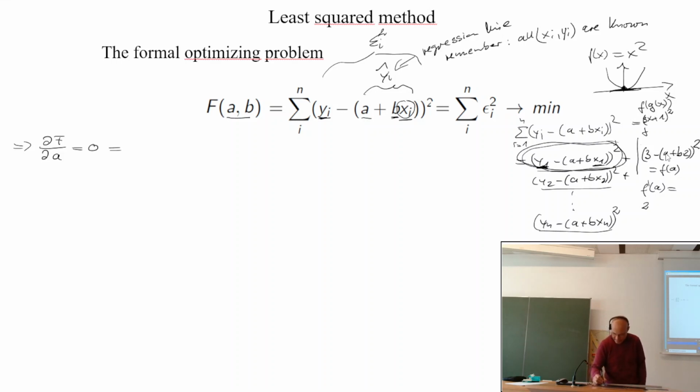Then f would be just the squared, and g would be just 3x plus 1. And what you have to do then is to take first the outer derivative, and this I think you already mentioned. So this would be then 2, but times the inner function.